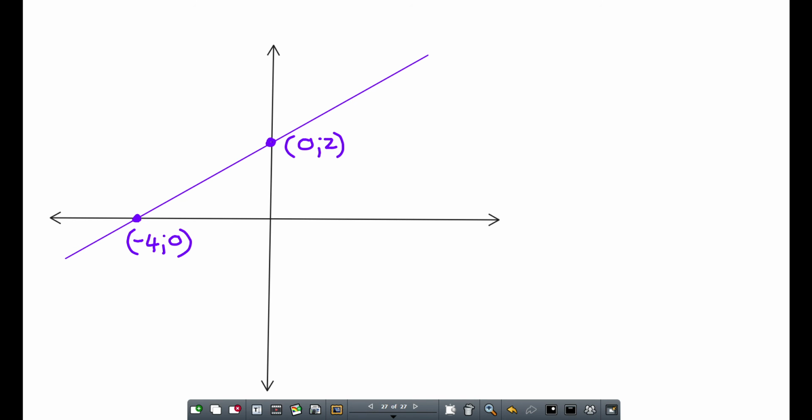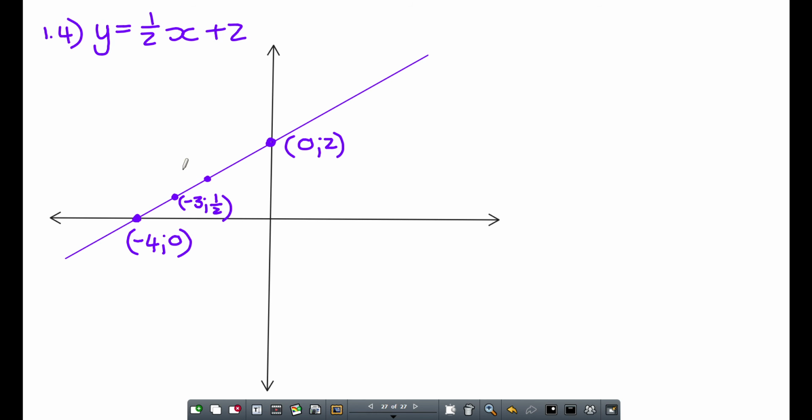Okay, then 1.4. Your equation was y is equal to a half x plus 2. So if you substituted in x is minus 3, then you would get y is a half.